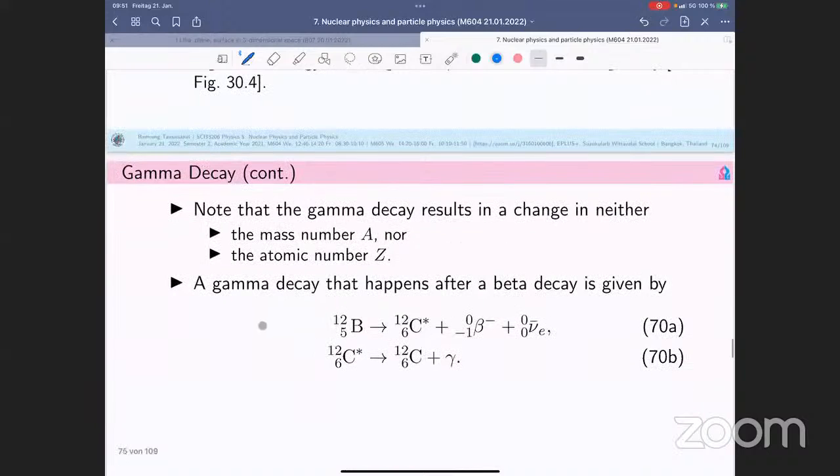Okay, gamma decay that happens after beta decay is the following. For example, boron 12 turns into carbon 12. Okay, but the nucleus of the carbon here is still in the excited state with vibration. And of course, this is the beta minus process, right?